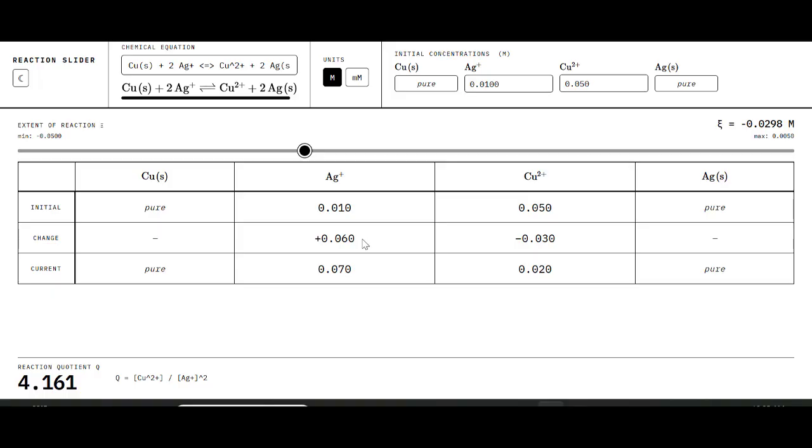So I was going backwards, I was sliding in this direction. My Q goes down. So very simple statement. If the reaction goes net forward, Q increases. If the reaction goes net reverse, Q decreases. So I encourage you to do the other problems.